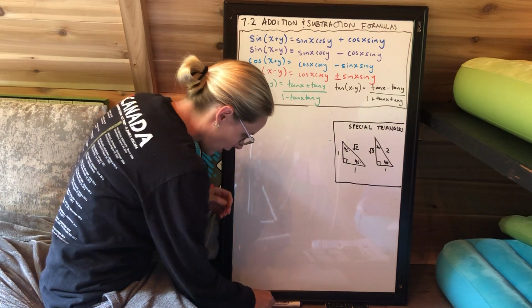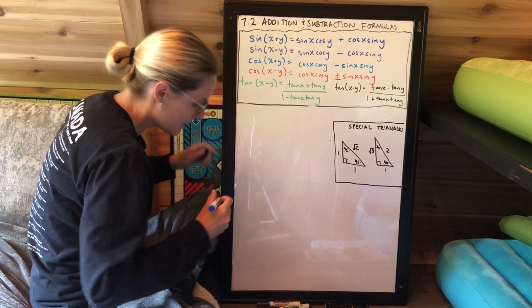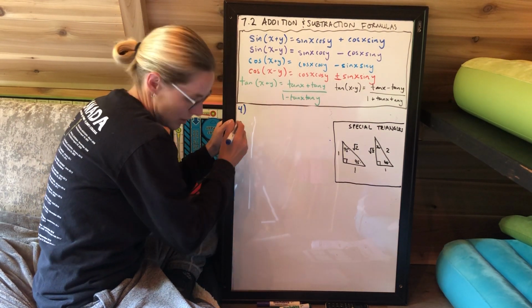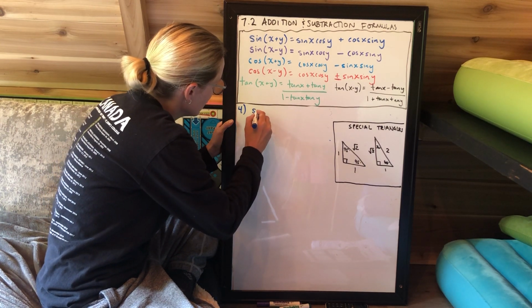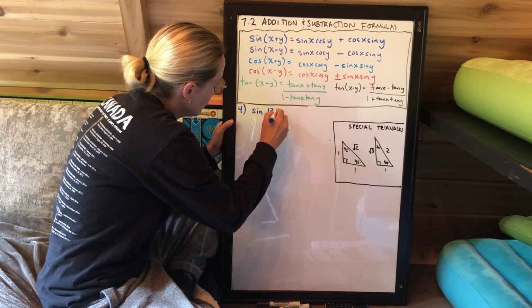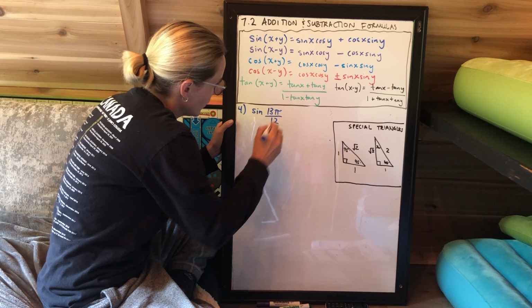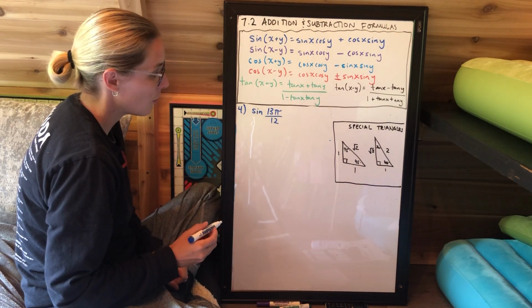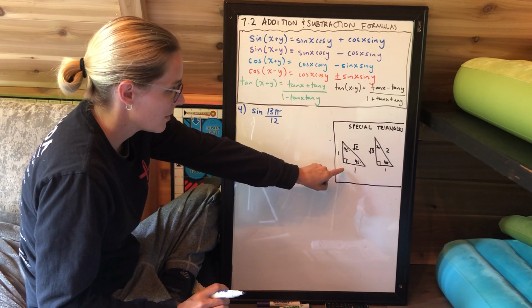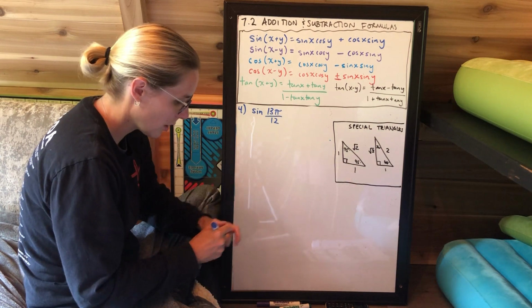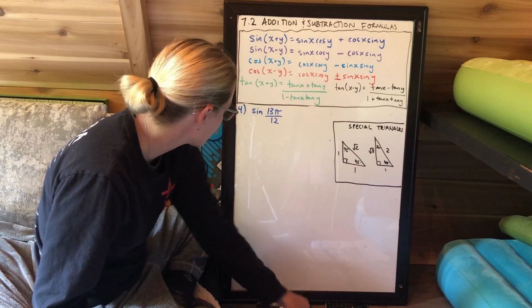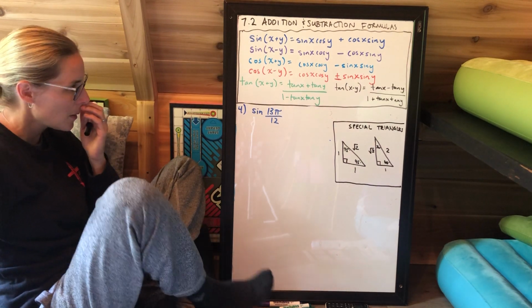Okay, question 4 has us doing what? Determine the exact value of sine 13 pi over 12. Well, basically the first thing I want to do is figure out what these special triangles are, but in terms of radians, because I know I'm going to have to use it in radians.